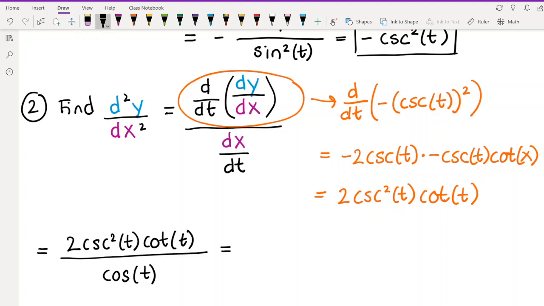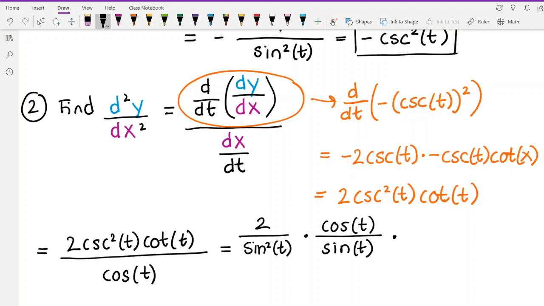Okay, so let's rewrite everything in terms of sines and cosines again to help us see what we can simplify. So in the numerator, we'll have 2 over sine squared of t times cosine of t over sine of t.